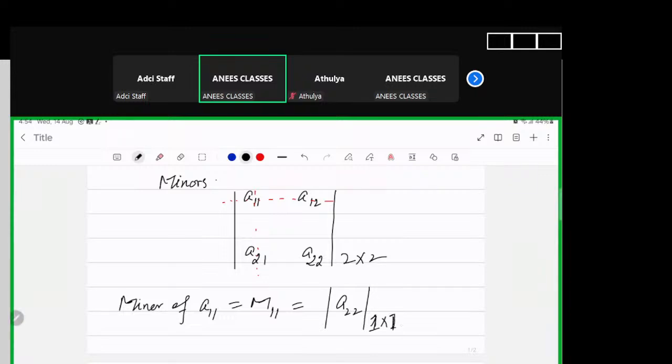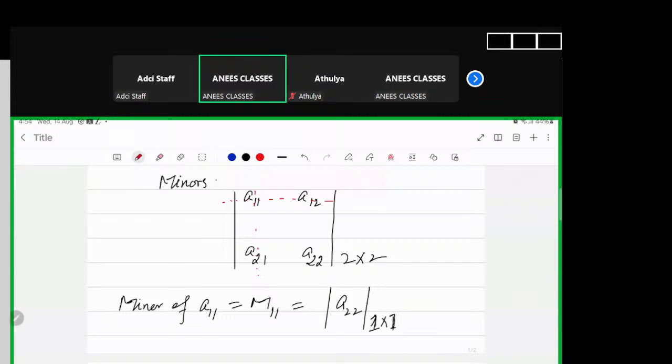That's why I will speak many things within one heading. Understood, everyone? Yes, sir. So the horizontal elements form the rows and vertical elements form the columns.